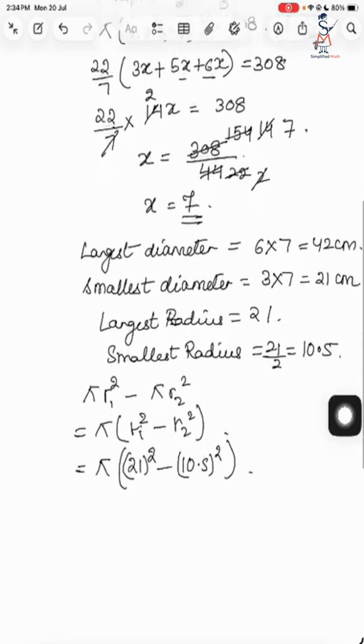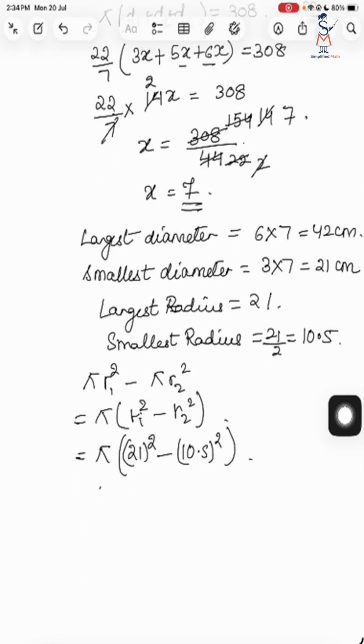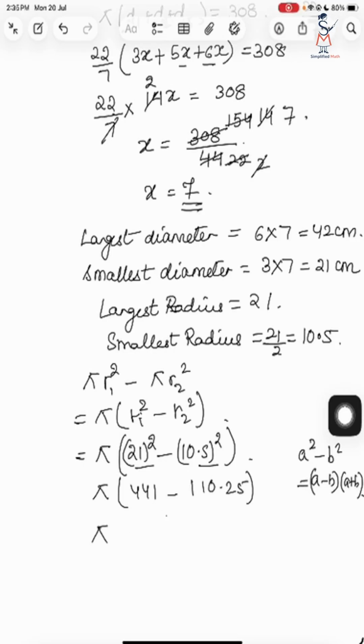Fine. So this will become pi times. You can even use the formula of a squared minus b squared, that is (a minus b) into (a plus b). Or you can just take 21 squared, which is 441, minus 10.5 squared, which is 110.25. So pi times 441 minus 110.25 will become 330.75.